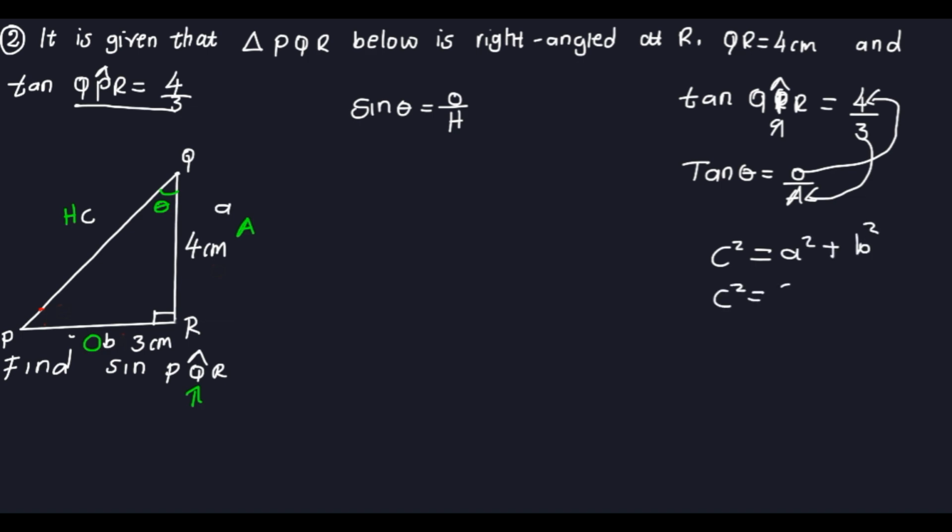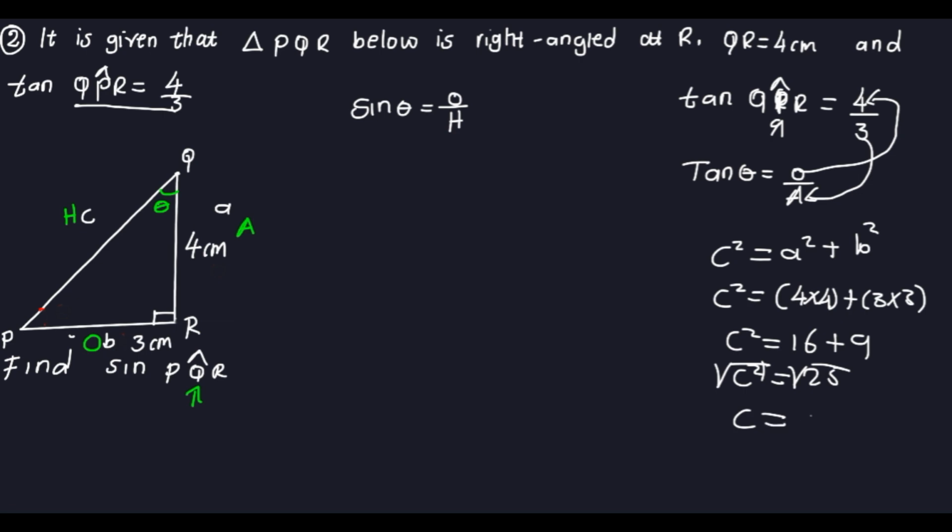So C squared is equal to 4 times 4 plus 3 times 3. So 4 times 4 is 16 plus 9. If we add these to give us 25, let's find the square root. So square root of 25 is 5. So the hypotenuse here, we can see that we have 5.